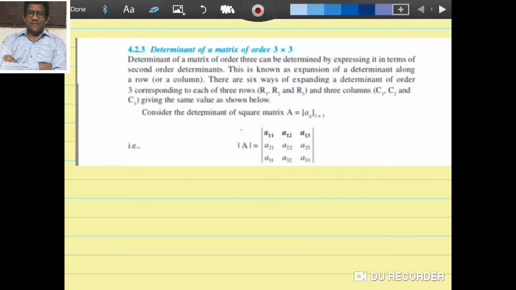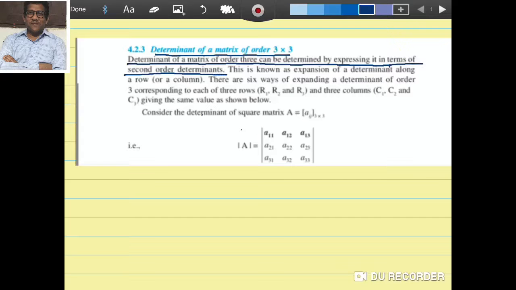Determinant of a matrix of order 3 cross 3. The determinant of a matrix of order 3 can be determined by expressing it in terms of second order determinants. This is known as expansion of a determinant along a row or a column.